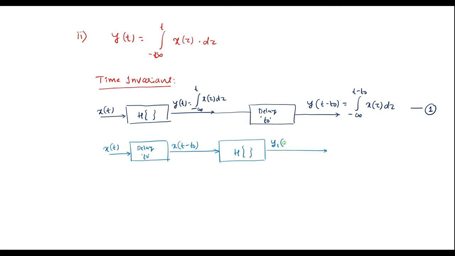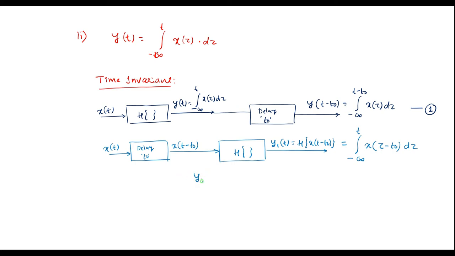The output, I will call it y1 of t, which is nothing but h of x of t minus t naught, which will be equal to integration minus infinity to t x of tau minus t naught d tau. This is the nature of this system. Now we will try to simplify this.